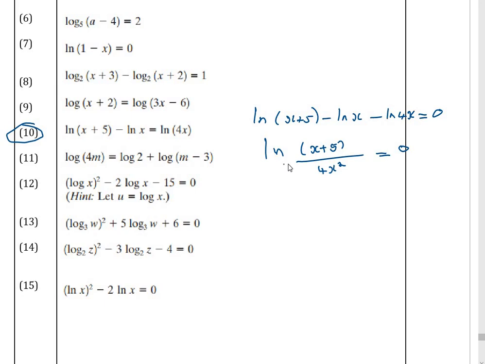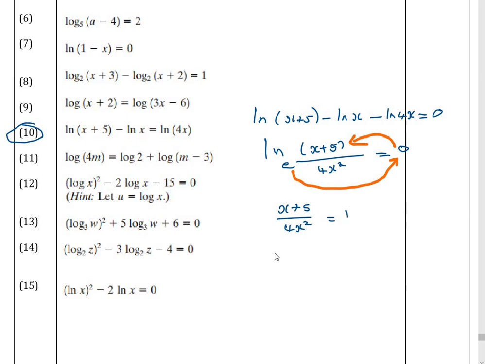And that is 0. And remember, the base here is e. You don't have to write it, but it's just so that you understand. So remember now, e to the 0 is going to give me this. So that means I'm going to have (x plus 5) over 4x squared is 1, because e to the 0 is 1.